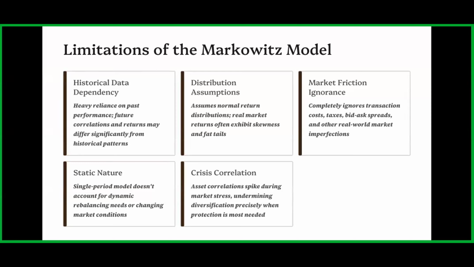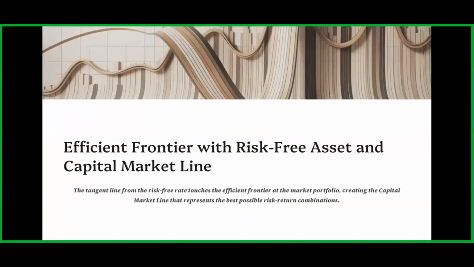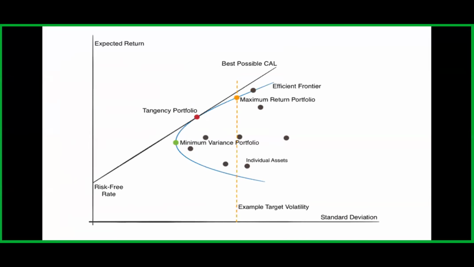Okay, next one is the distribution assumption, that assumes a normal return distribution. The real market returns often exhibit skewness and fat tails. In a graph we see, when we take zero risk, how much return we get.